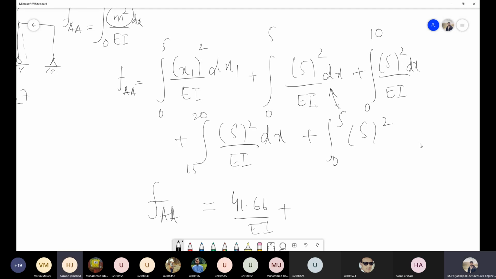Sir, didn't we take x1 and x5 as minus? But you can take it as minus. The square will be positive, obviously. And by the way, this is also x5. These two are not same. This is x5. Everything is negative, but when you take the square, it will be positive.